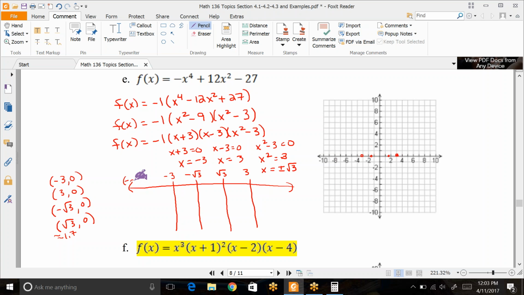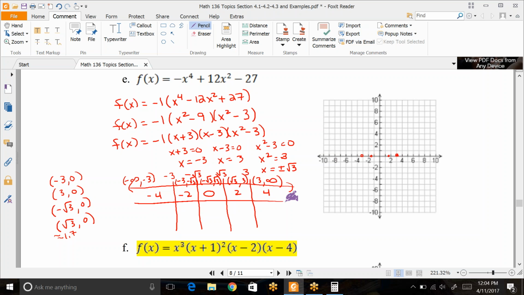My intervals will be negative infinity to negative 3, negative 3 to negative square root of 3, negative square root of 3 to square root of 3, square root of 3 to 3, and 3 to infinity. Test values, negative 4, negative 2 would be a good one, 0, positive 2, and positive 4.